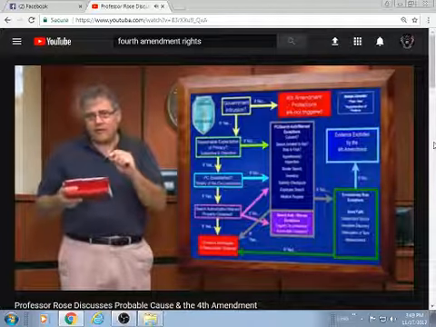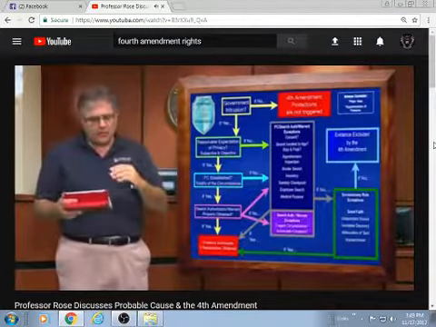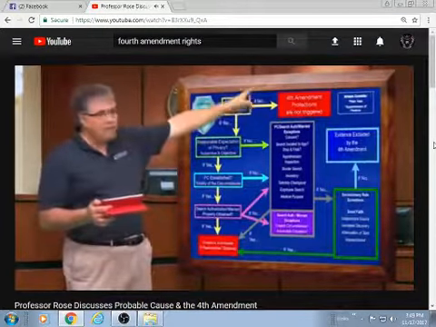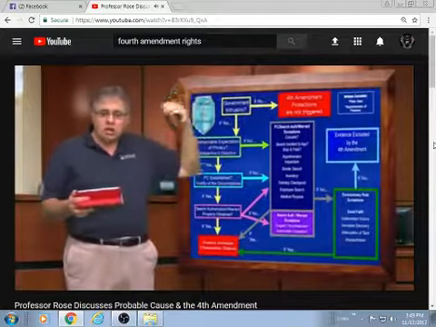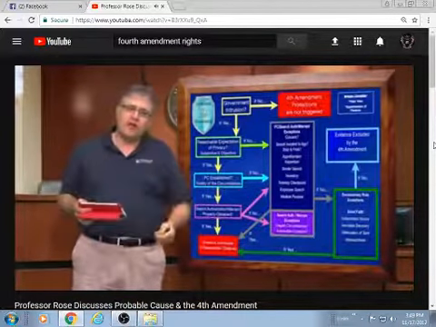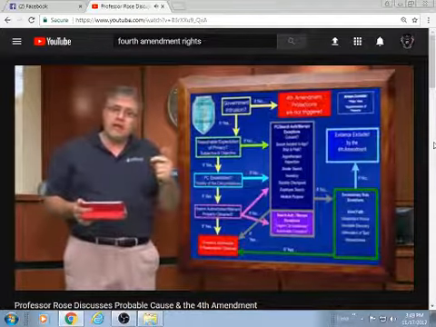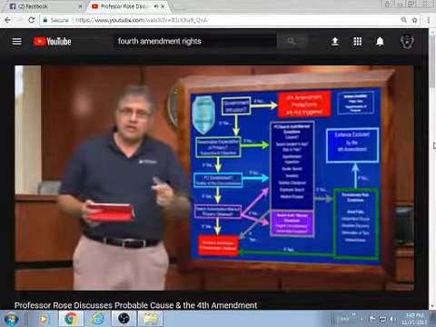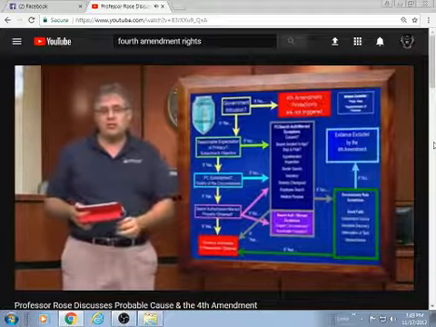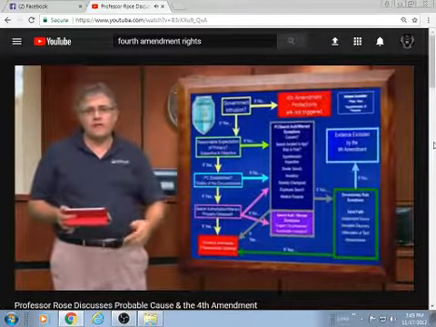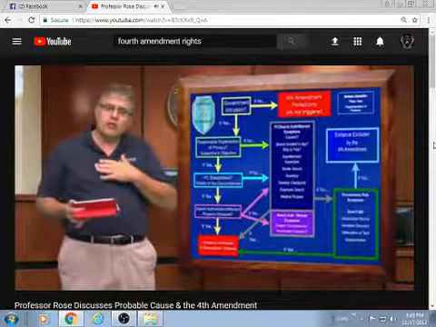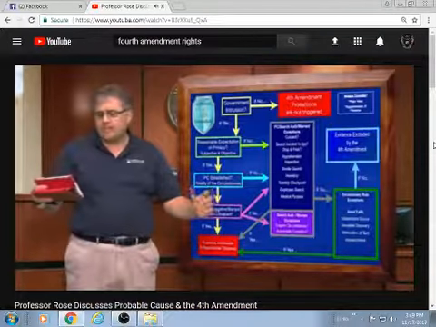If we do have government intrusion, then we drop down immediately beneath it, and here you see a green box, and that green box says reasonable expectation of privacy. I've got up here on the flow chart, it's both a subjective and an objective standard. And you'll remember the two-pronged nature of reasonable expectation of privacy: subjective belief of the individual and the objective belief of society.